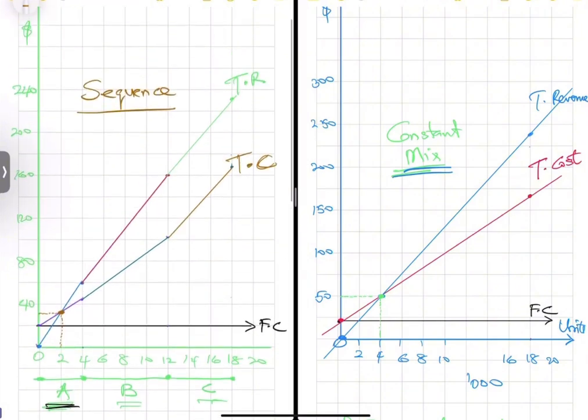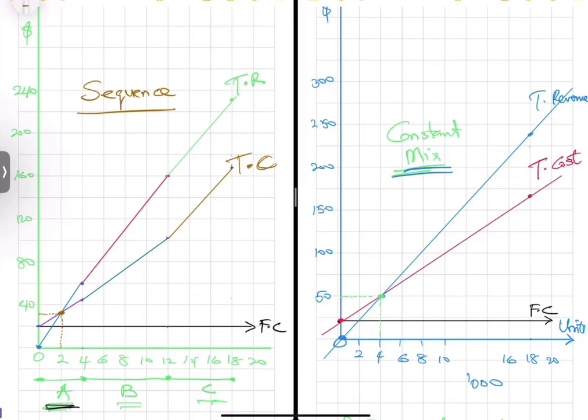So looking at these two graphs, what comes to your mind in terms of the difference between selling in sequence and selling in a constant mix? Or maybe I should ask in an easier way, which one do you prefer the company to do?